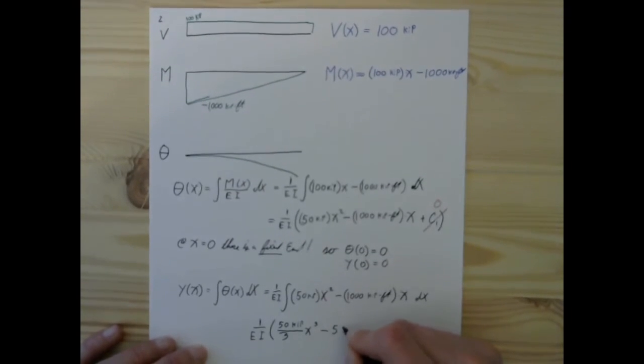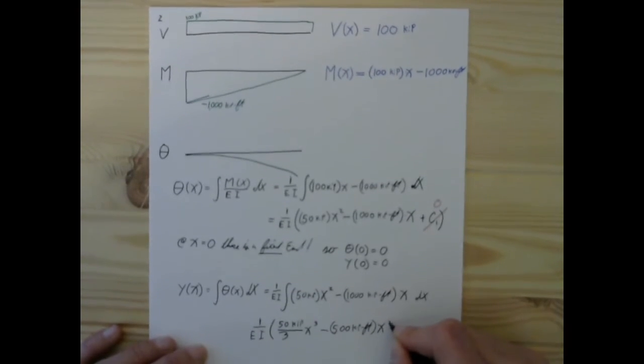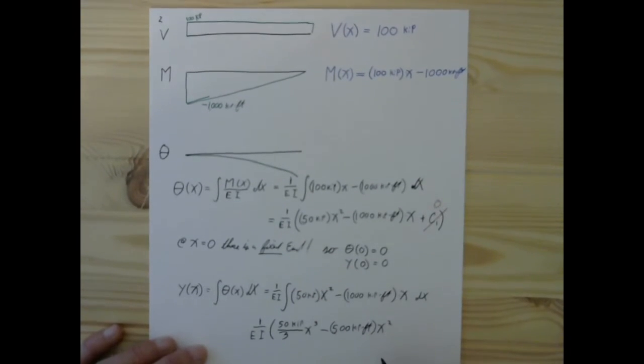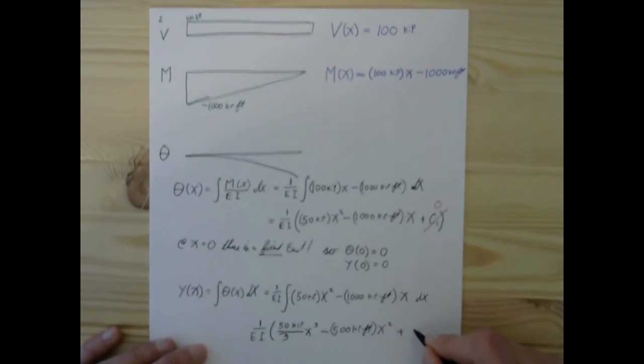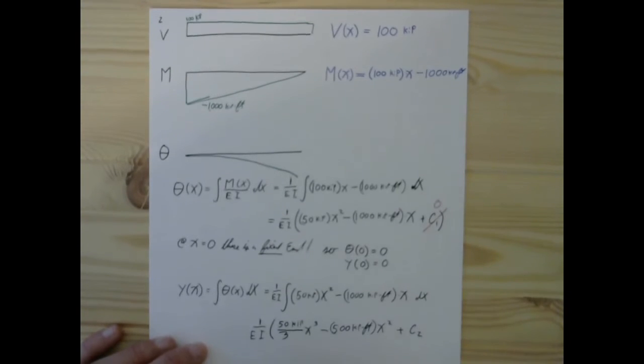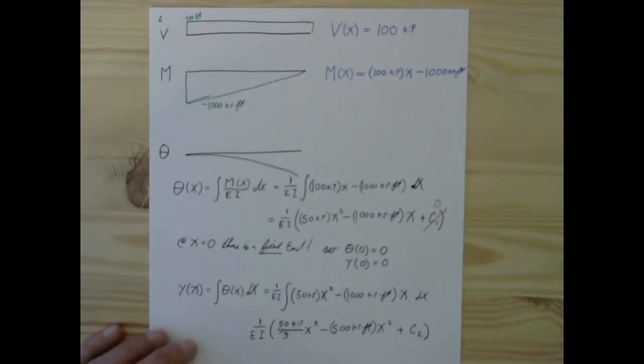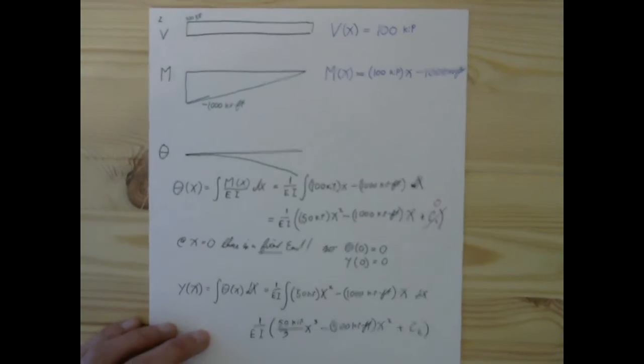Minus 500 kip feet times x squared. We don't have anything in the x term because C1 went to 0. We do have another constant of integration, which I'm going to just pop inside the parentheses for dealing with the second moment of inertia and the Young's modulus.